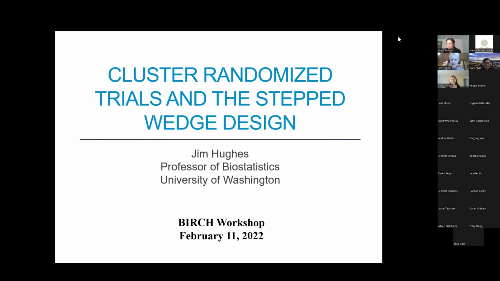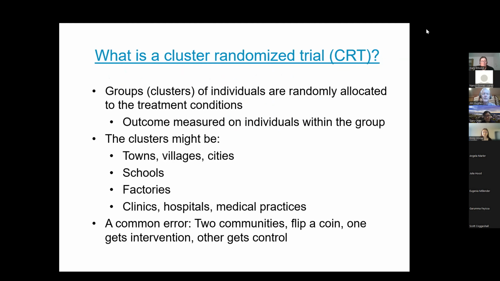What I'm going to talk about today is a little introduction to cluster randomized trials and then perhaps a little more depth on the stepped wedge design. Let's start with the basics: what is a cluster randomized trial?